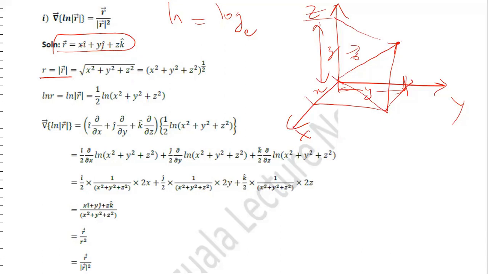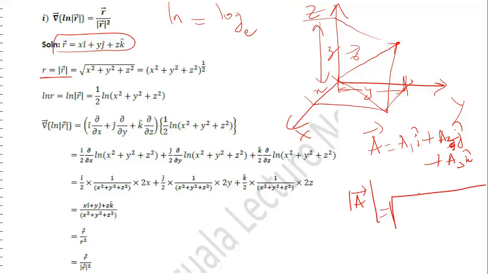Like if you have a vector a equal to a1 i cap plus a2 j cap plus a3 k cap, the magnitude of the vector is simply square root of a1 square plus a2 square plus a3 square. I think everybody knows already, so that's how we take the magnitude.